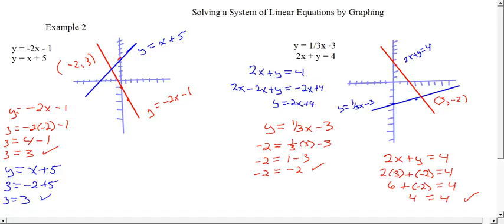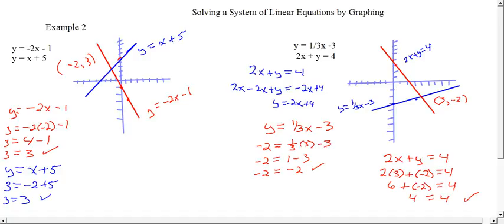From there we can take a look at our graph, and this is the very first problem that we've done. We take a look at our graph and we see where our lines are. Now, here's one concept I want to show you. The TI will tell us what our point of intersection is from the graph. All we have to do is hit second trace.